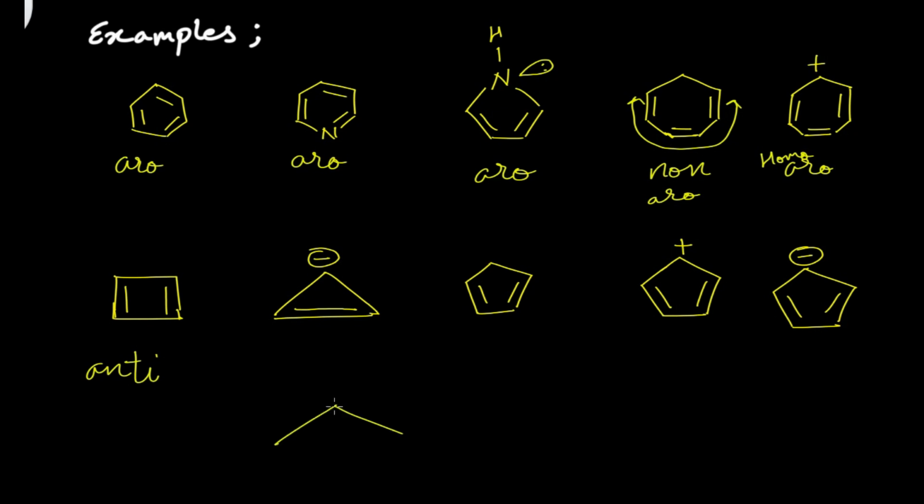If I make the structure once again and make the p orbital, and this is a double bond, you will find that this p orbital has 2 electrons and it is in conjugation with this double bond, right? Now how many electrons are there? 4 electrons. This is a 4 pi electron system. And what does a 4 pi electron system mean? Anti-aromatic, right? This is non-aromatic. This is anti-aromatic.